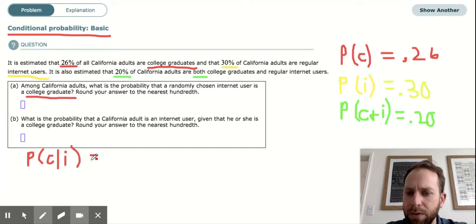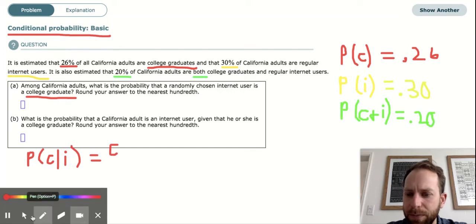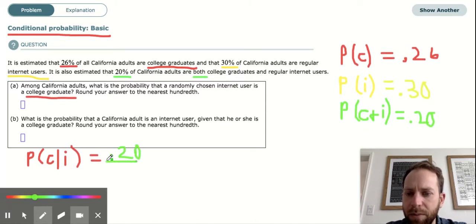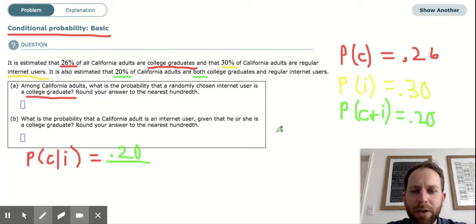So that's equal to, since you're solving for the college graduate, you want to basically get rid of the I. So on top, you put the probability of both. The probability of both is 0.20. And we're going to go ahead and divide that by, well, we wanted to get rid of the I, right? So we want to solve for C, college graduate.